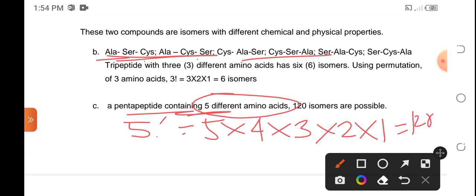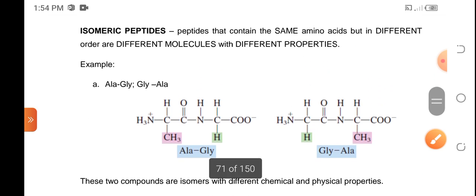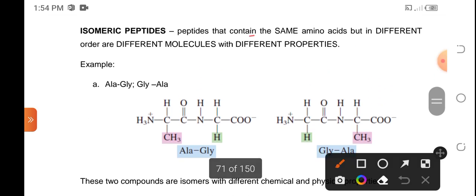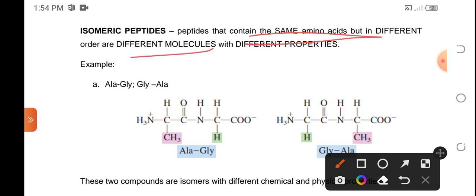Okay, so ganun mag-compute kung ilan yung isomers na pwede. So ulitin natin, isomers have the same identity amino acid. It contains the same amino acids but different in order. They're considered different molecules and they possess different properties. Okay?